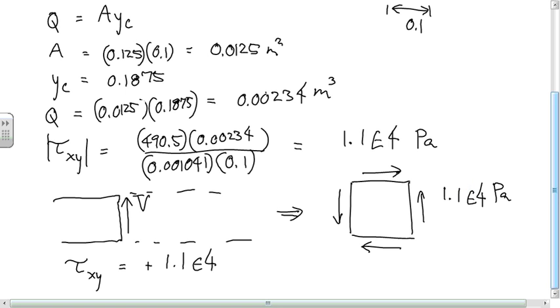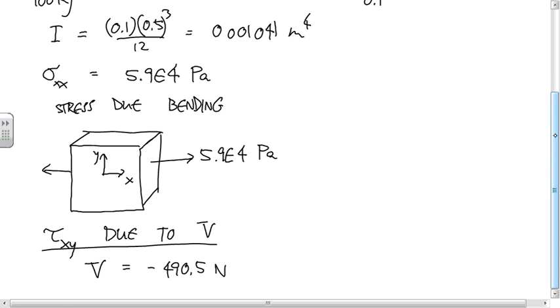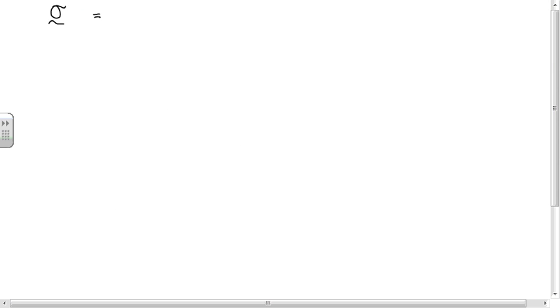Okay, so the final answer is the stress tensor is equal to, we had 5.9 times 10 to the fourth in the XX position.